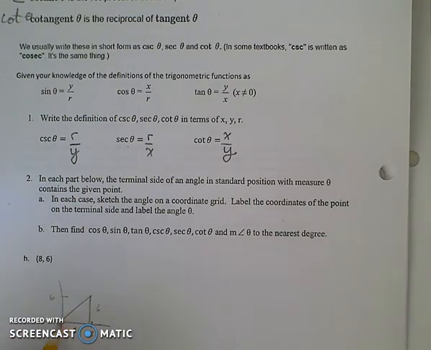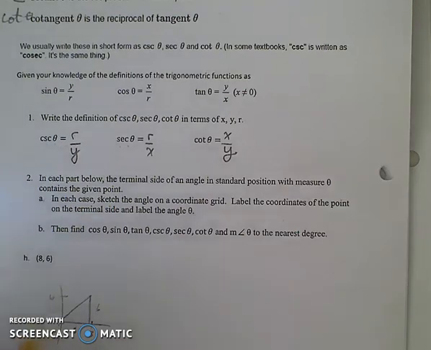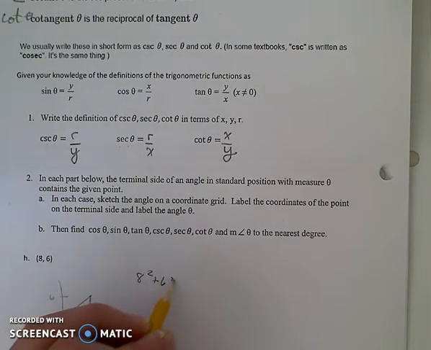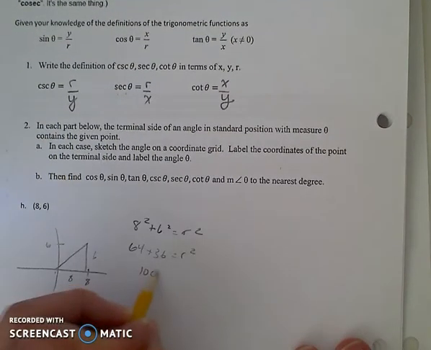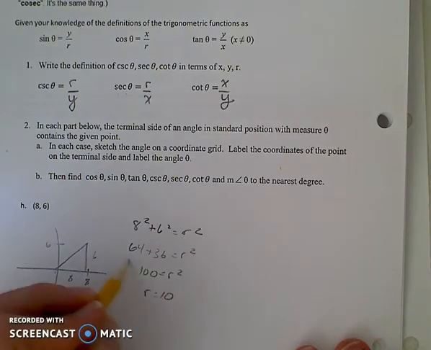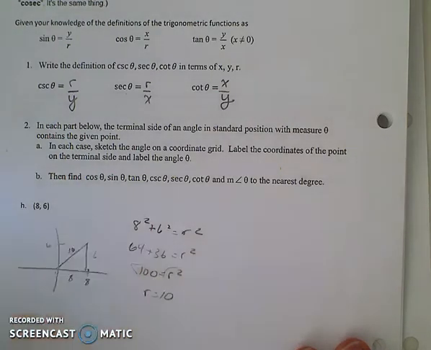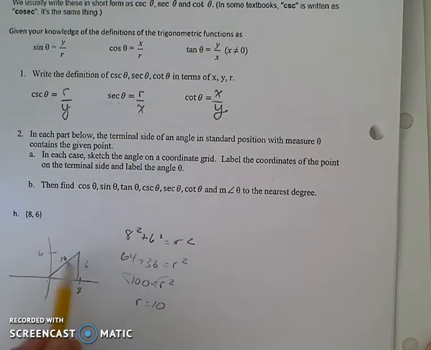We got to find our radius. So we're going to do 8 squared plus 6 squared equals r squared. 64 plus 36 equals r squared. 100 equals r squared. And so r equals 10. We square root both sides. And so now we know our radius is 10. We know x is 8, y is 6.